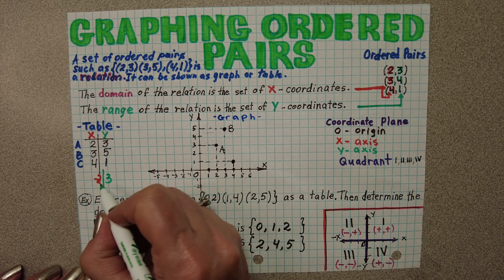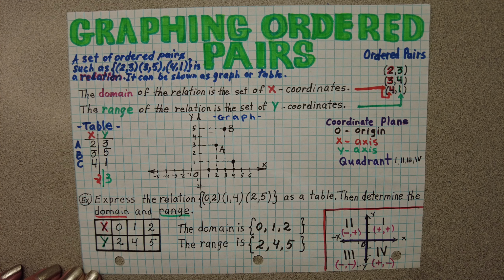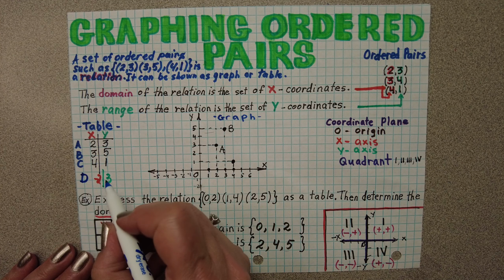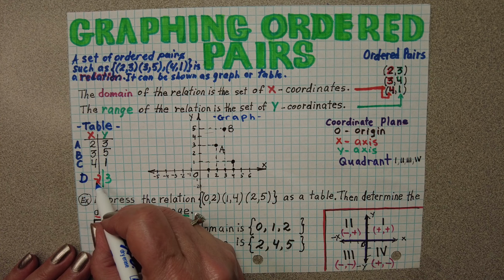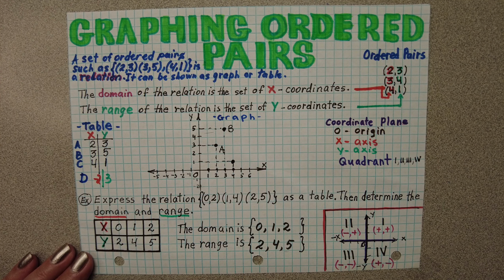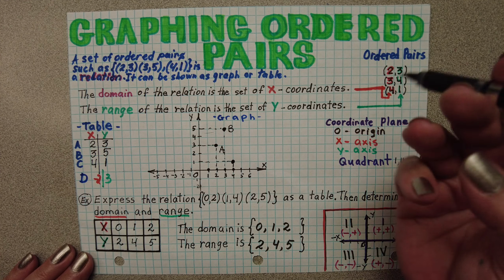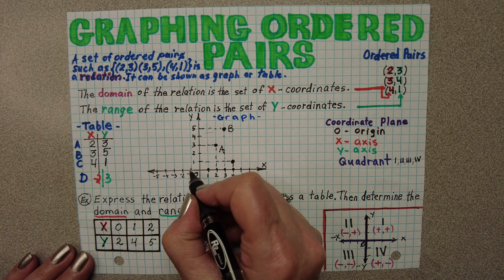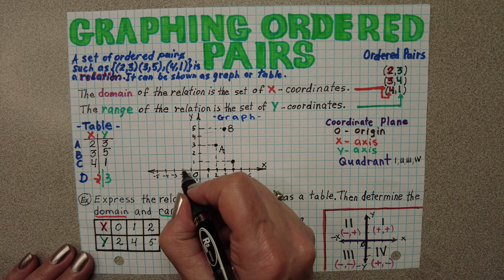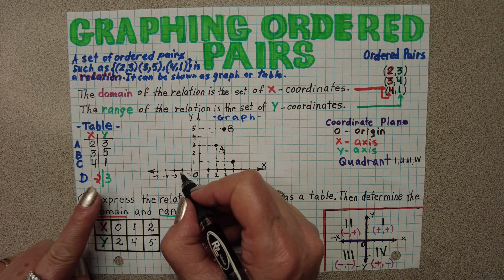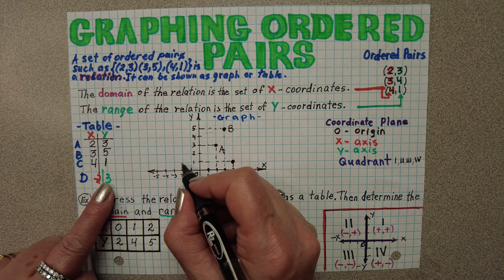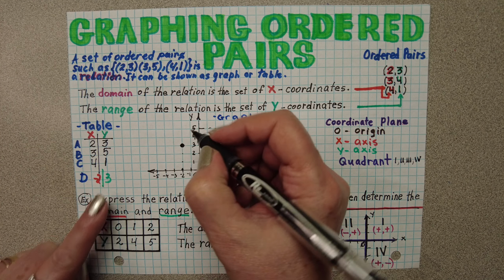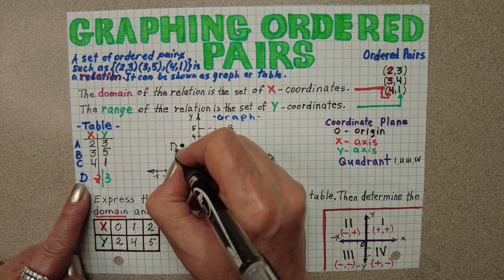This is another ordered pair, and let's name it A, B, C, D. Okay, our domain is -2, which is right here. X is -2, 1, negative, and -2 is here. And our range is 3. 1, 2, 3. This will be our point D.